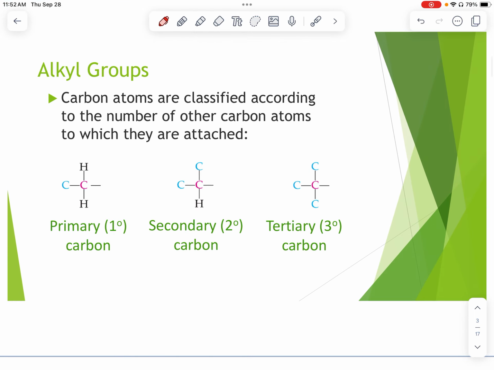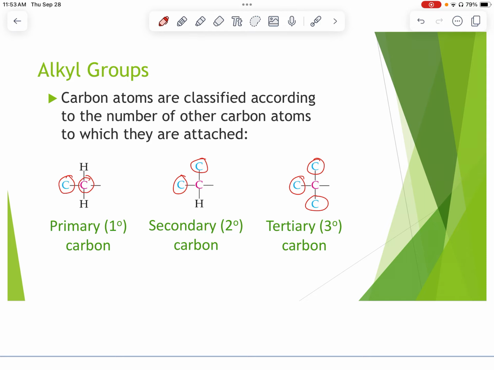Carbons are classified according to the number of other carbon atoms to which they're attached. This isn't too important, but it helps you with old nomenclature. So a primary carbon will have just one other carbon attached. A secondary carbon has two other carbons attached, and a tertiary carbon has three other carbons attached.